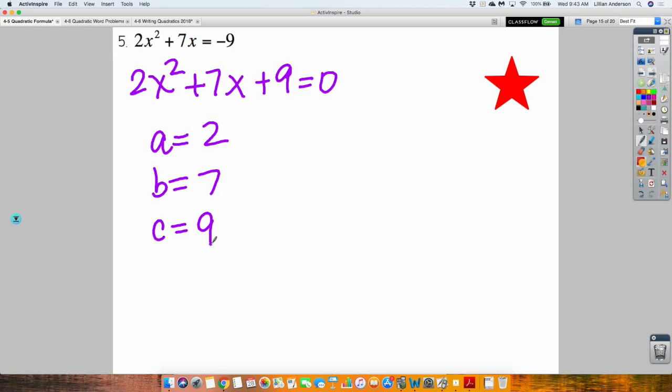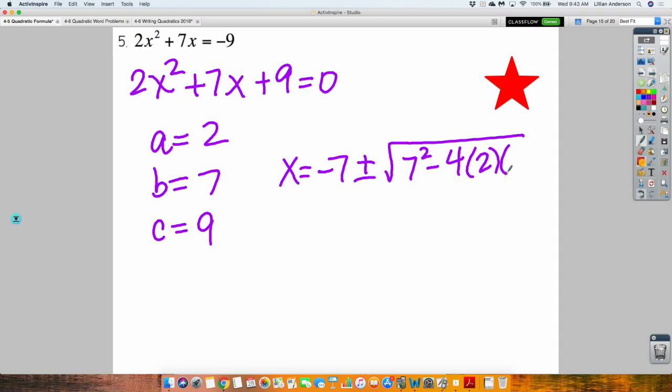Now, when I go to plug everything in, I get x equals plus or minus, skip, minus 7, then the plus or minus, square root. Good stuff. All over 2 times 2.